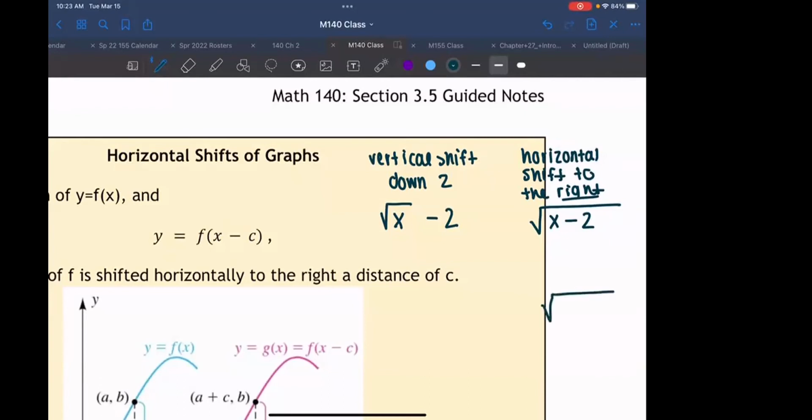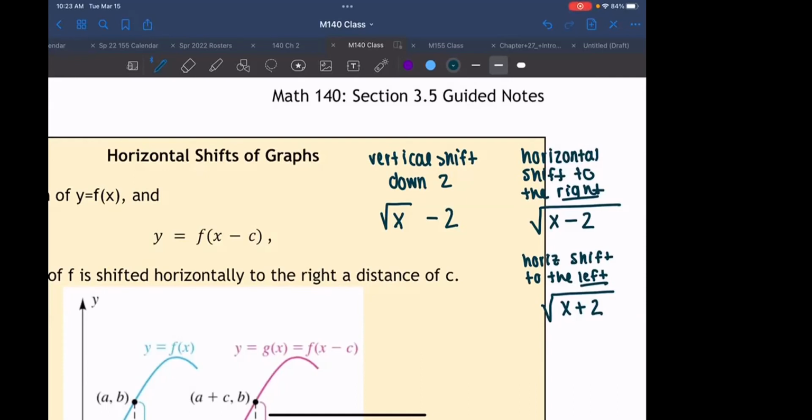If we took the square root of x plus 2, the 2 is positive, so we're going to shift to the left. This is a horizontal shift to the left. So vertical shifts take away from the entire function. Horizontal shifts are inside of the function and attached to the x.